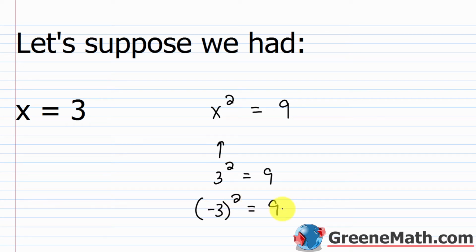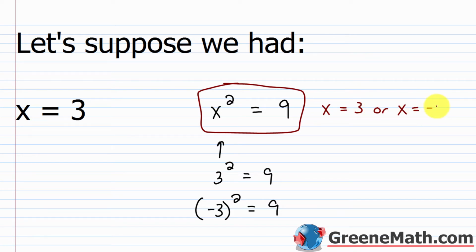So the solution for this equation would be x equals 3 or x equals negative 3. So there's 2 solutions there. But in the original equation, if I took this negative 3 and I plugged it in for x here, we'd have a big problem. We'd have negative 3 is equal to 3. That's false. That does not work.